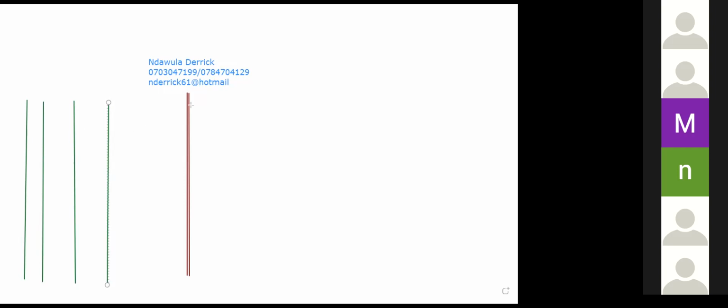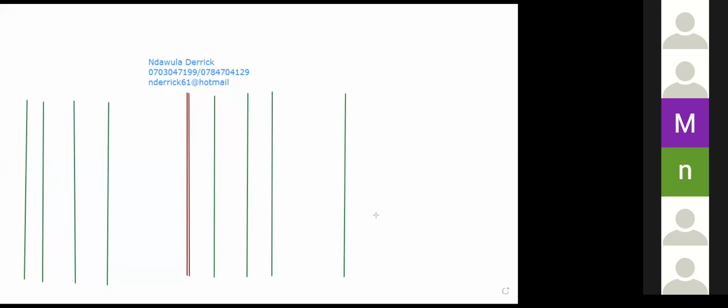And then I will do from 1, column 3. So first and foremost, that's how you prepare your sheet of paper.